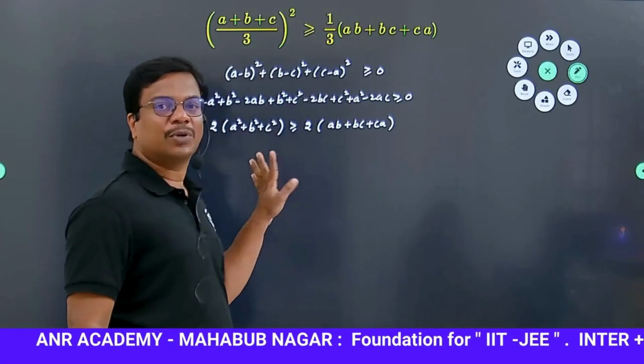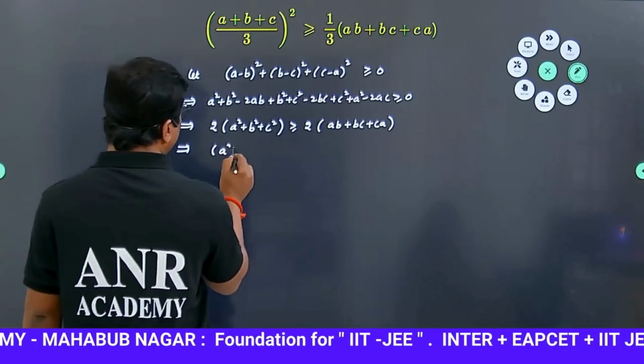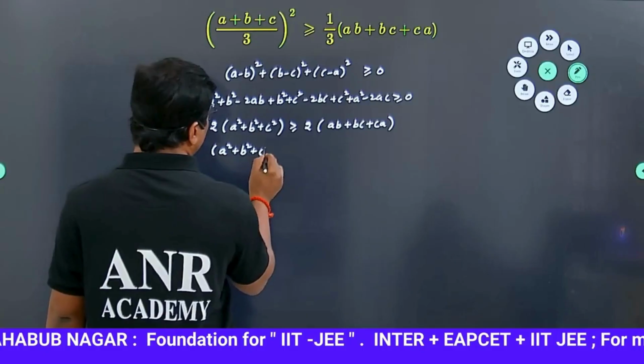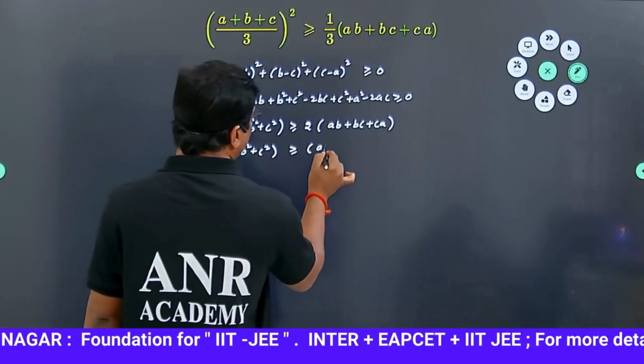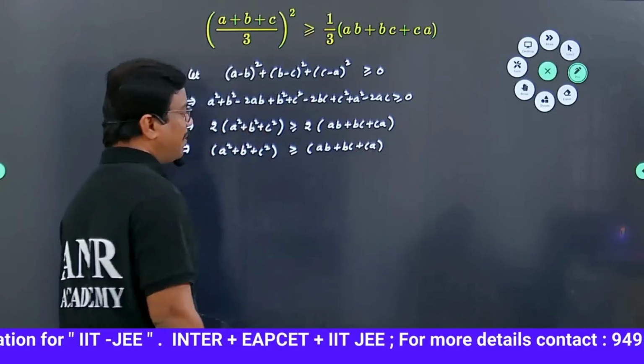Neglecting 2 on both the sides, what we get? a square plus b square plus c square, which is greater than or equal to ab plus bc plus ca.